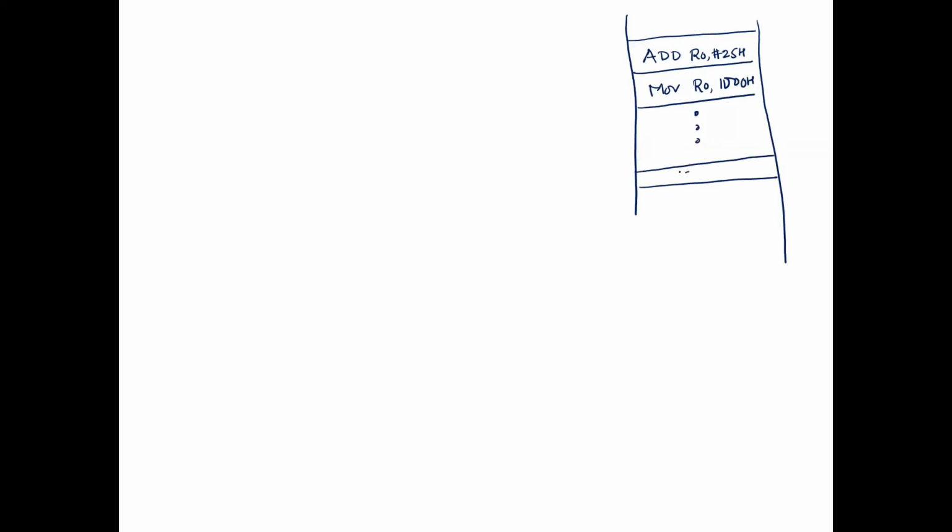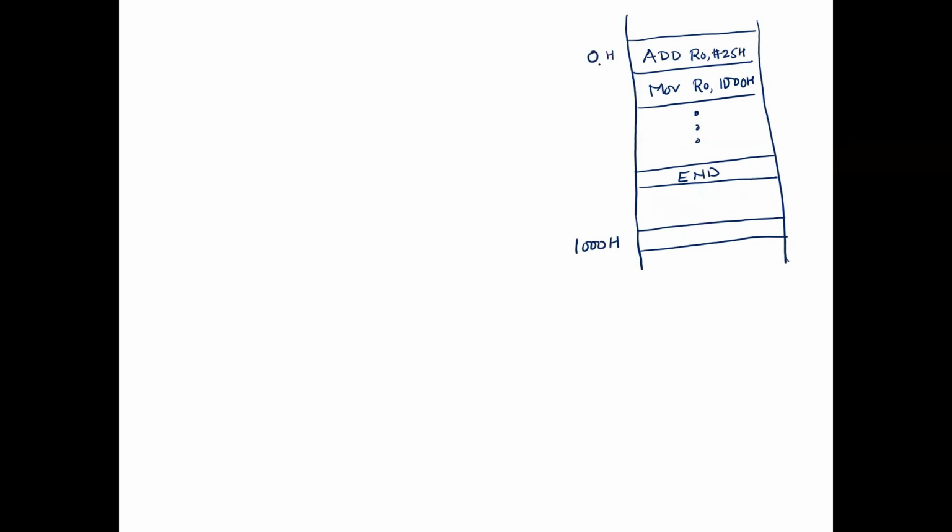Here we have an assembler directive that indicates the end of the program. And somewhere here, we have the data to be stored, right? So this is memory location 1000h, and this is 0h.